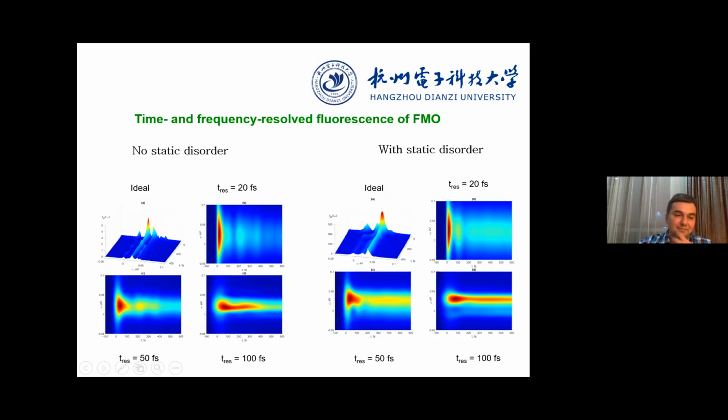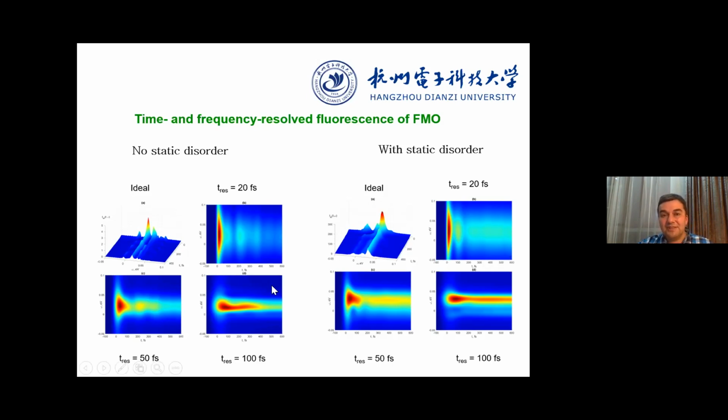We assume that the excitonic energies have static disorder with 100 inverse centimeters dispersion. When you compare these signals, it's probably difficult to say something definite about what the difference is.